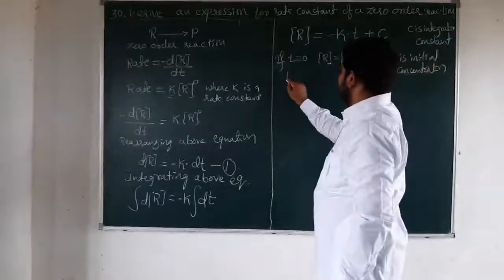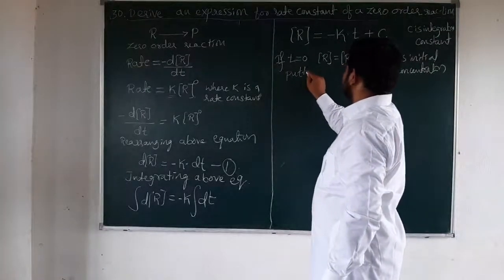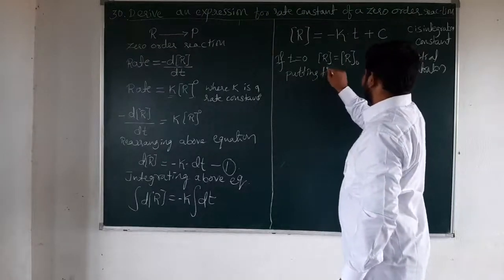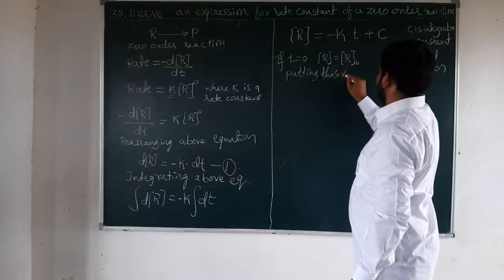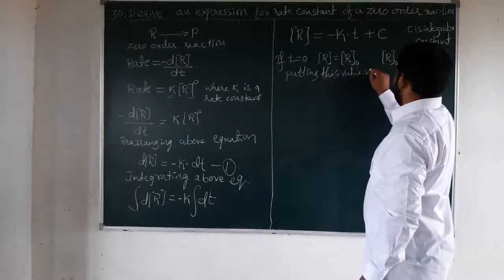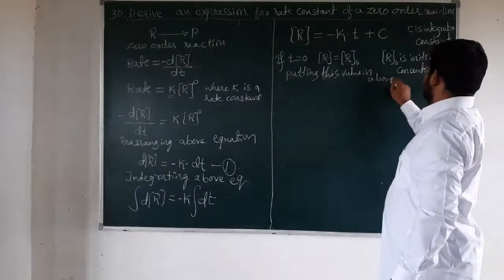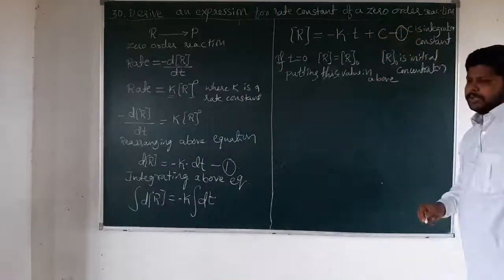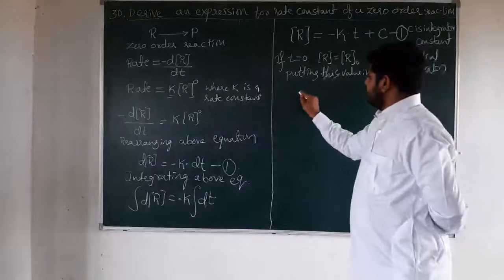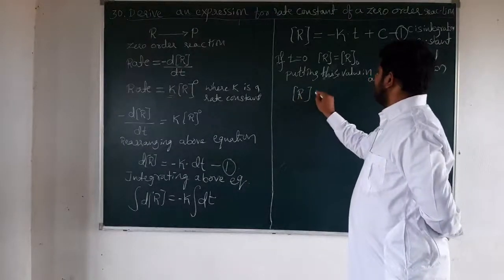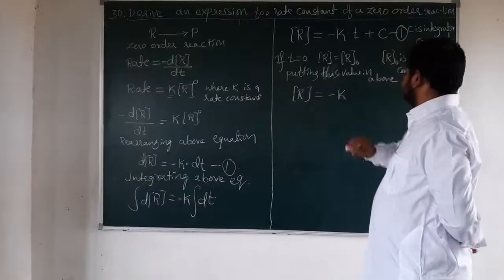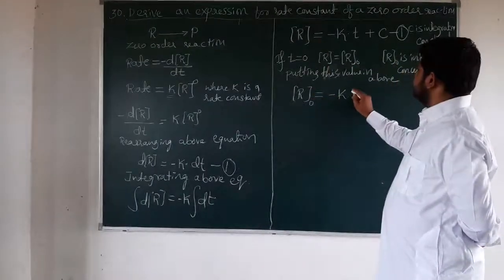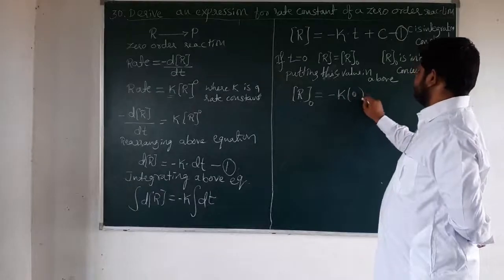So putting this value in the above equation, equation number 1, [R] equals minus k t plus C. In the place of [R], [R] naught, and in the place of t, 0.